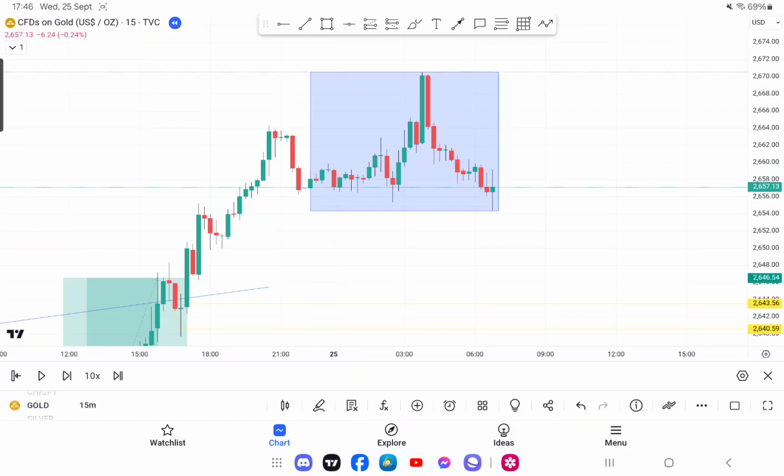What I was looking for when I first came on this morning, obviously it's bullish overall. What I've first drawn is there's a bit of imbalance in here on the 15 minute.